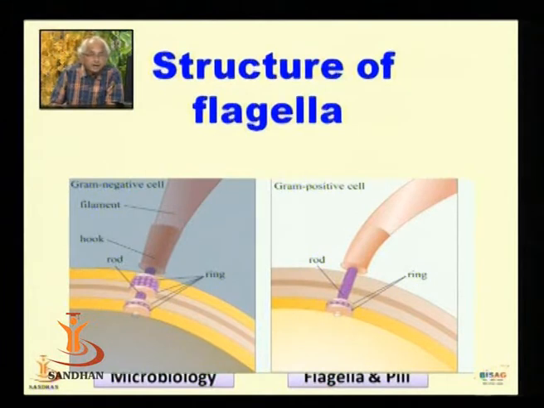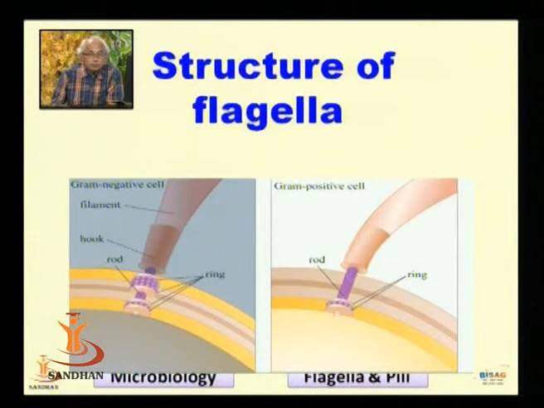Look at the comparative structure of gram negative and gram positive organisms. You will immediately find the difference, and I most sincerely hope that the students are aware of the fact that the cell wall of gram positive organisms contains a large quantity and a very well fabricated layer of structure known as peptidoglycan.